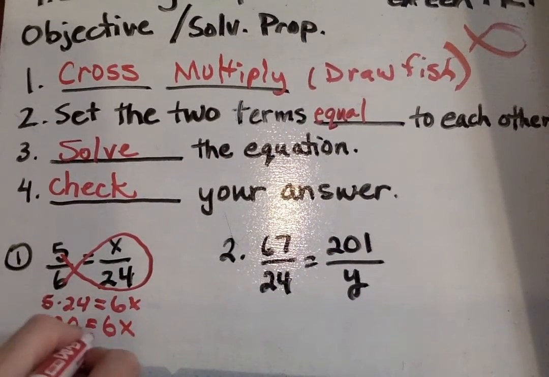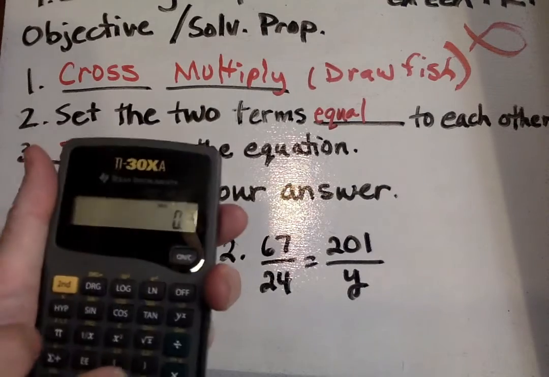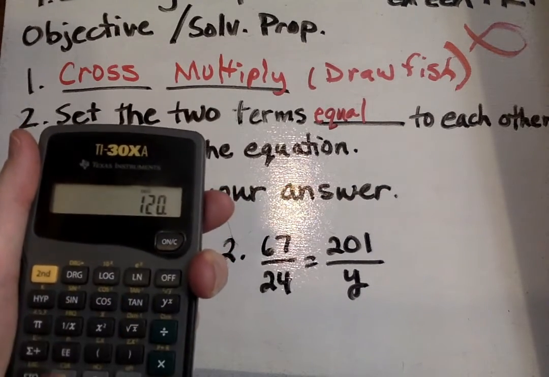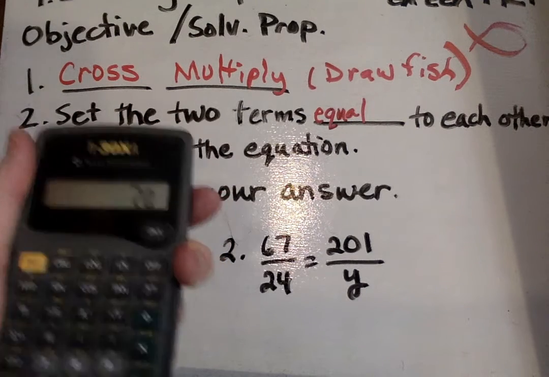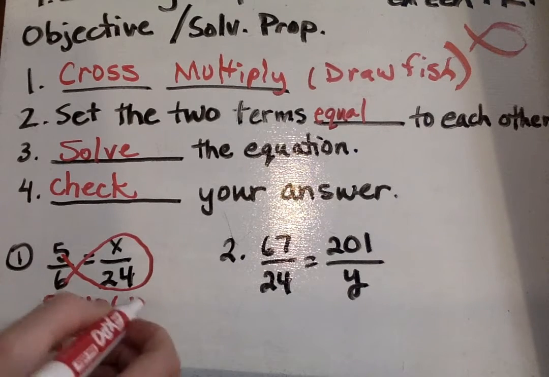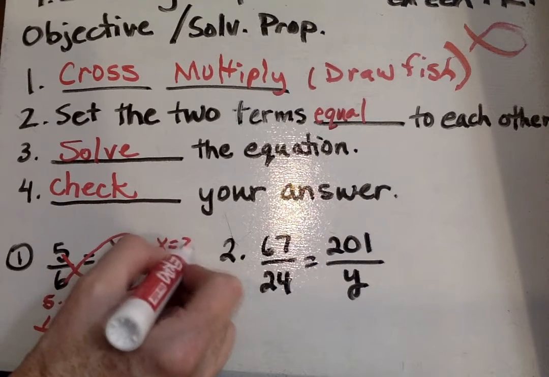Again, I'm just solving the equation, and I divide by 6, whatever's in front of x. So I take 120 divided by 6. Again, you want to use your handy dandy calculator. 20. So x equals 20.